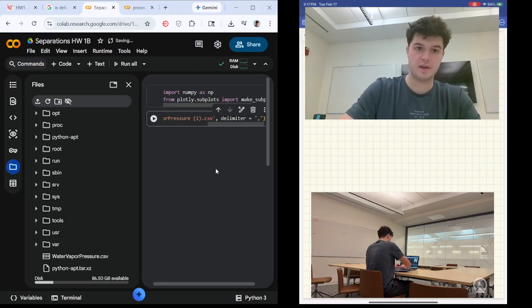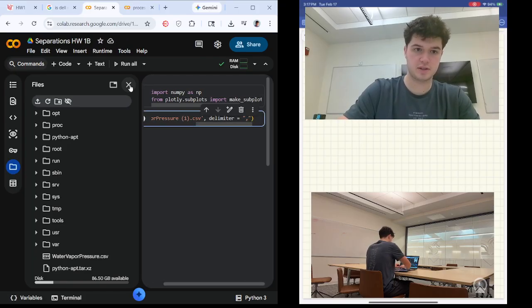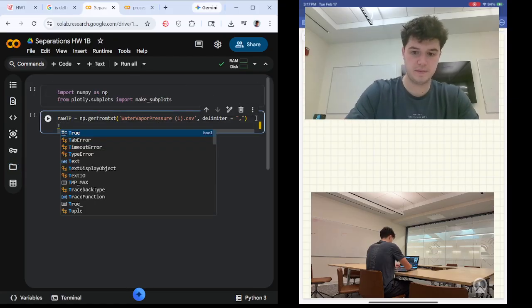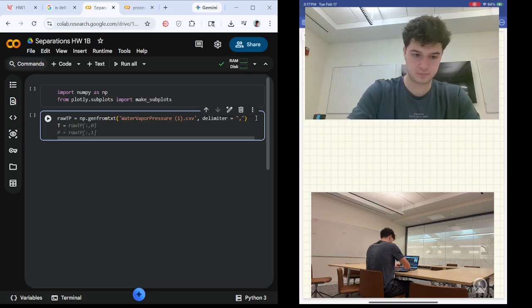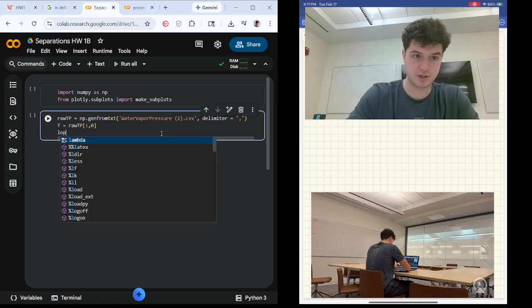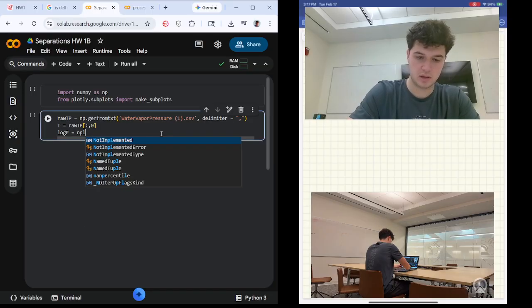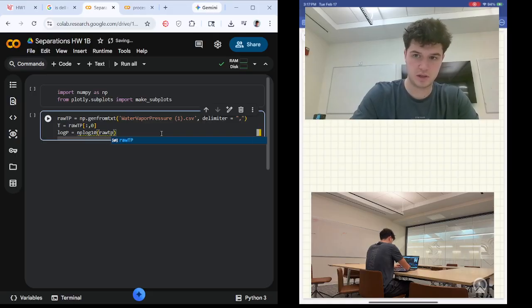Okay. And then we also have to define some of the variables here. Let's get rid of that so I can see better. And then we will also have to say T is equal to raw TP. It did it for us there, but this is not what we want to set equal to P. We're going to do that equation that we already derived, which is going to be log P is equal to np.log10 of raw TP.